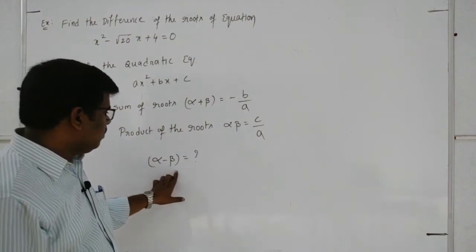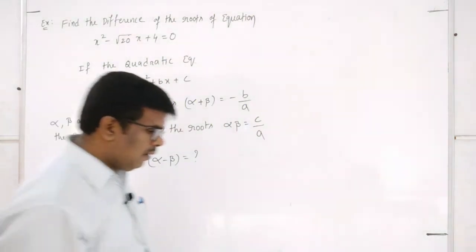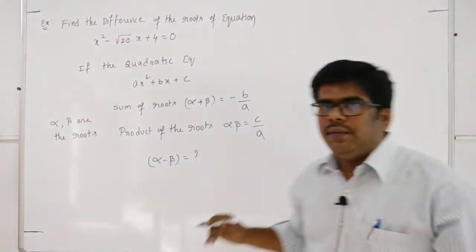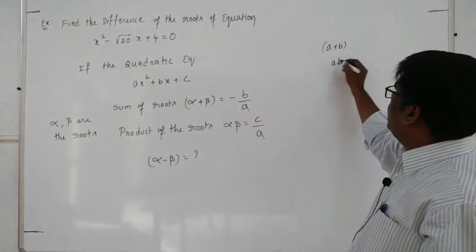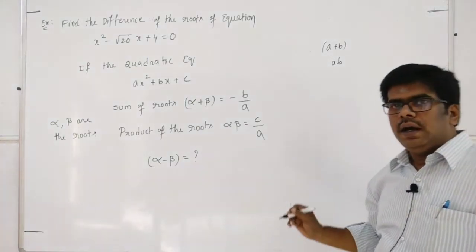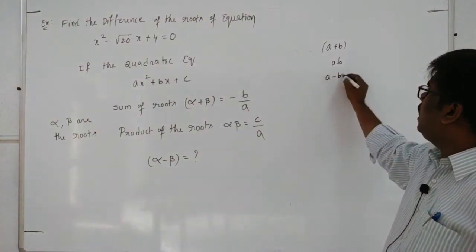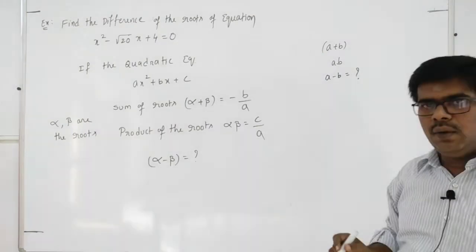See, alpha minus beta is there, no? So we have a formula like this. If you know a plus b, and if you know ab, how can you find a minus b? You can do like this.